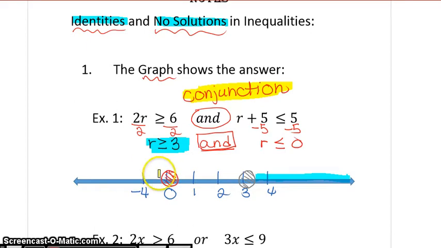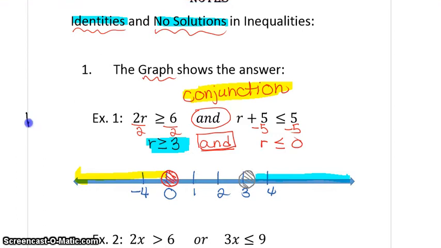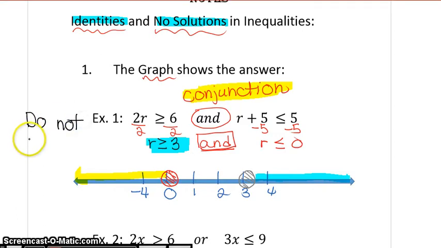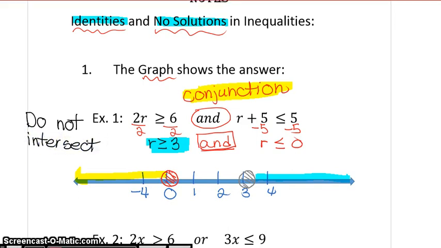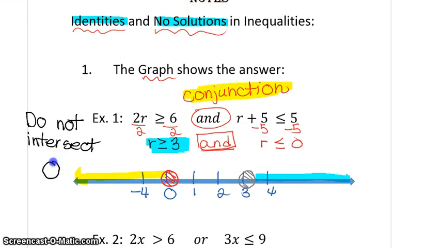Now we go left. Now if this had said or, then we would have a solution. But because the graphs do not intersect, this would be a no solution. So they do not intersect. Because it says and, it would be a no solution.